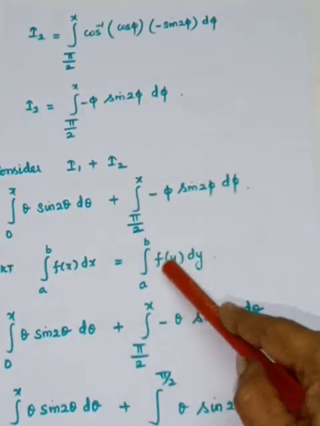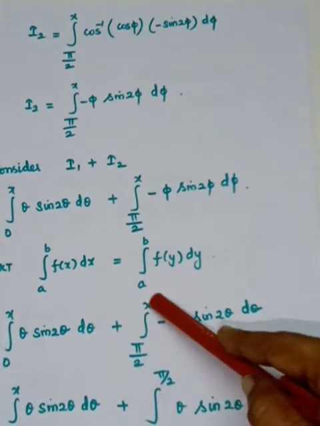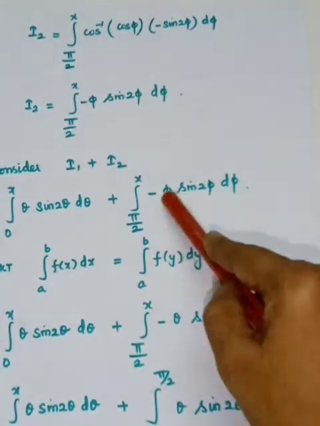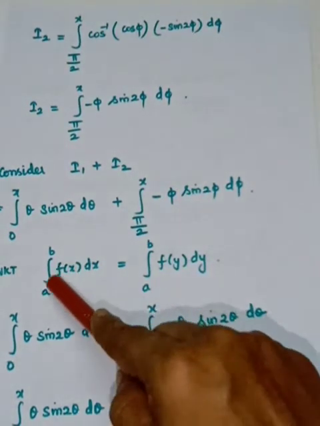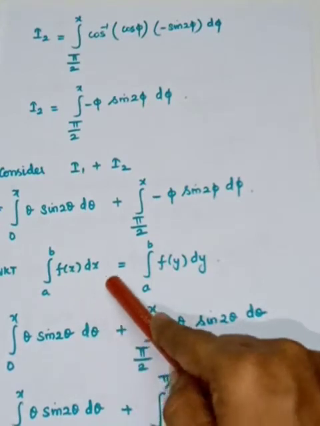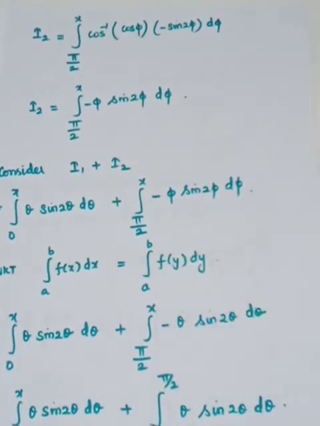In the second integral, using this property, it can be written as the integral from pi by 2 to x of minus theta sin 2 theta into d theta.